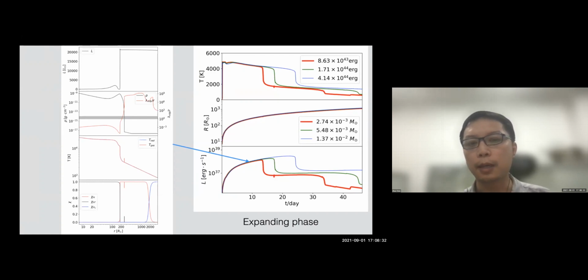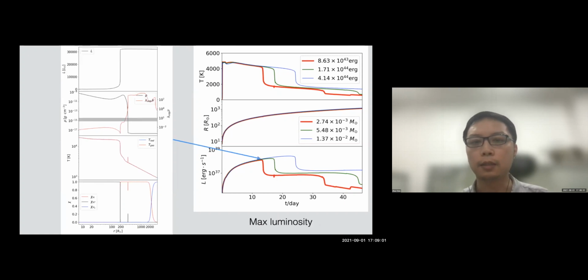When this number is greater than 1, the mean free path is bigger than the size of the object, so it's in the optically thin region. But when it's much smaller than 1, it's in an optically thick region. On the secondary y-axis, the red line is below 1 inside the ejecta, but on the outside it is bigger.